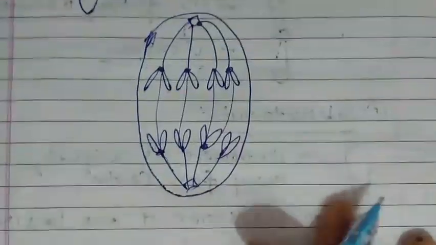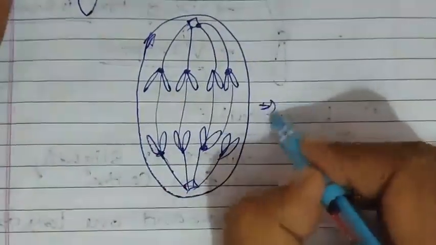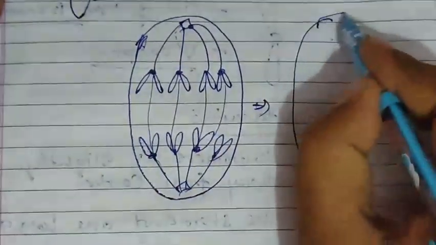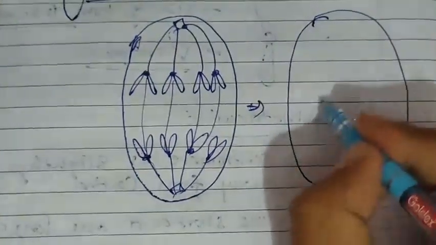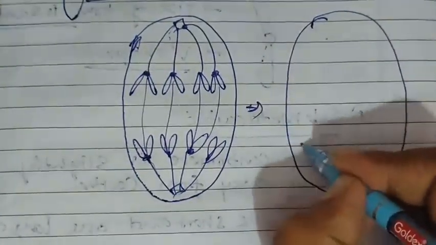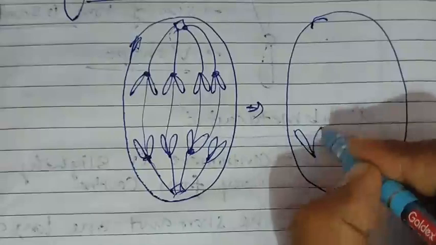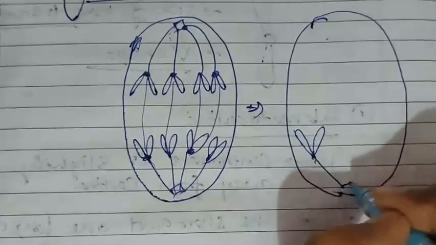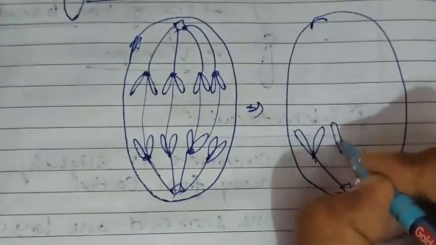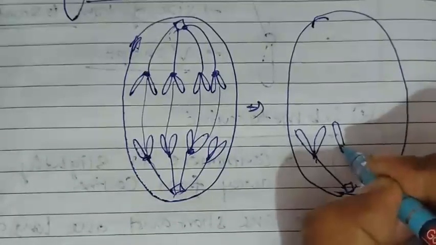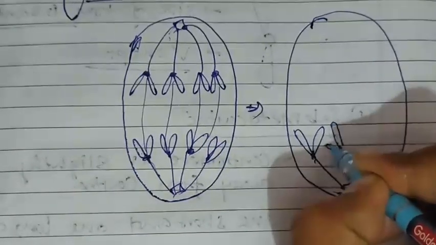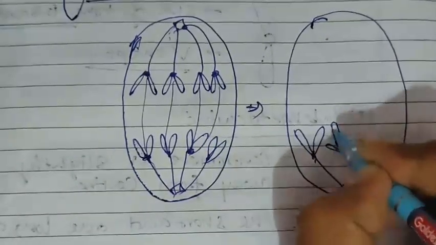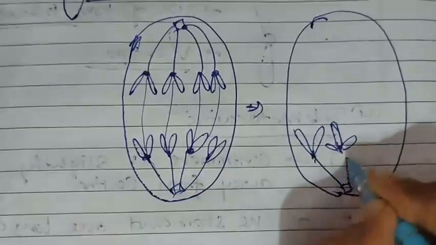like this. And if we make a proper diagram with the shape in anaphase, then if the arms are of equal size, then it is a V shape. If one is a long arm and one is a short arm, it is L shaped.